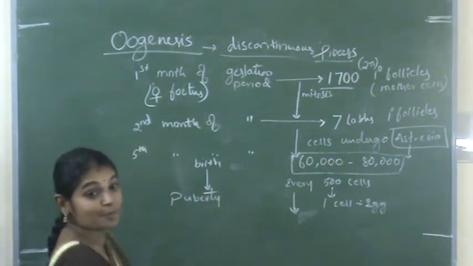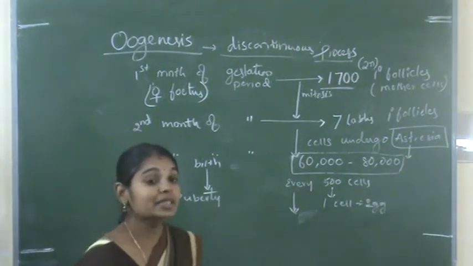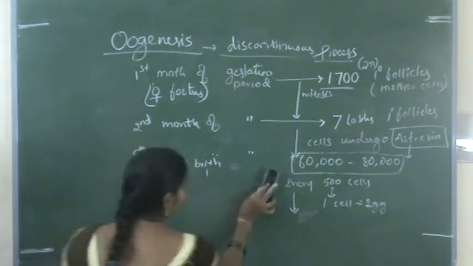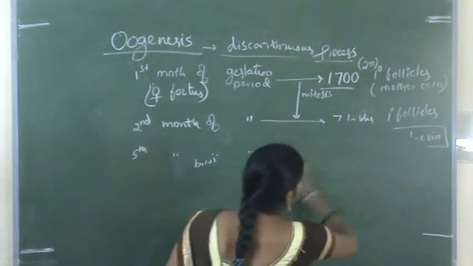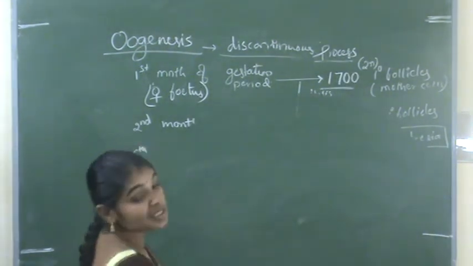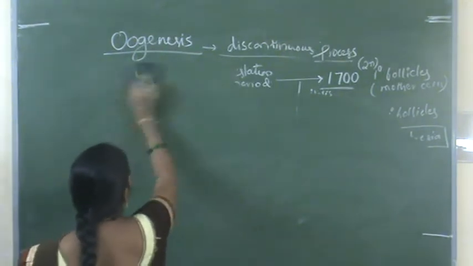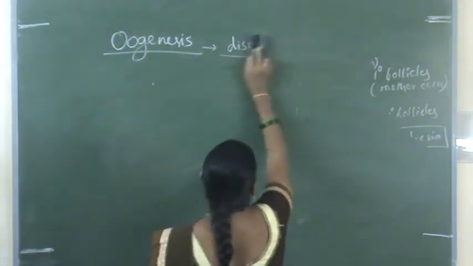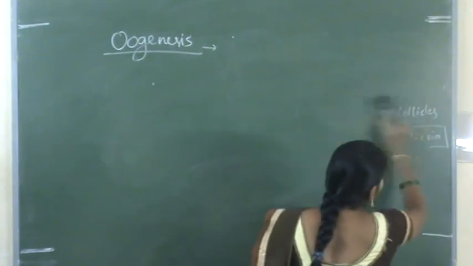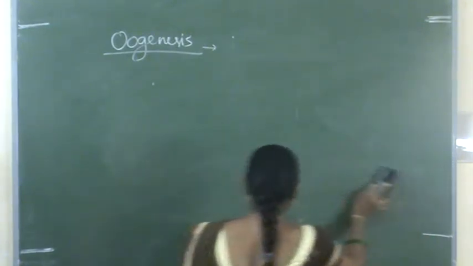This oogenesis process is completed in 3 phases. As spermatogenesis is completed in 4 phases, here the oogenesis process is completed in 3 phases.